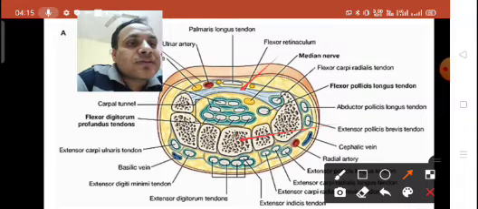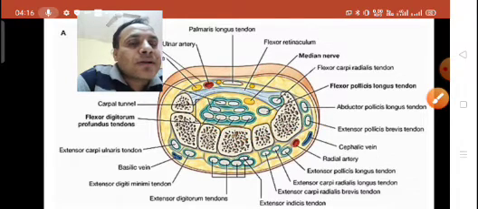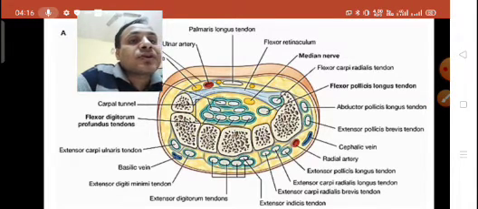This space is known as the carpal tunnel. The median nerve leaves the front of the forearm by passing deep to the flexor retinaculum, through the carpal tunnel, and enters into the palm.